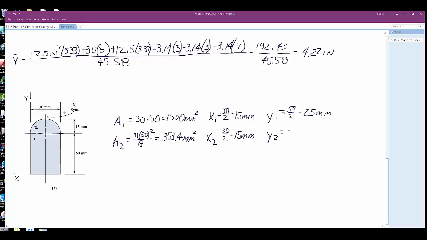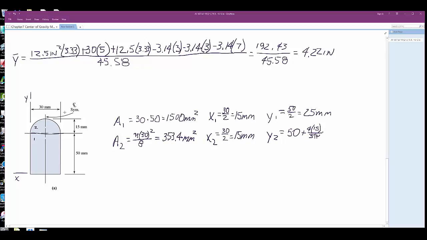Then for the next one, we have to go 50 to get up to where that semicircle starts. Then it's plus 4 times the radius, 15, divided by 3 pi.